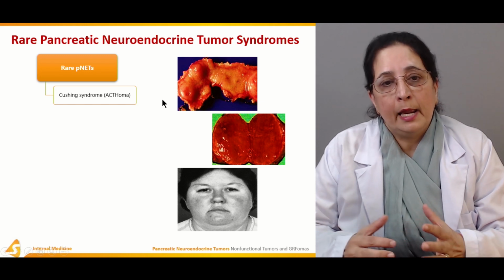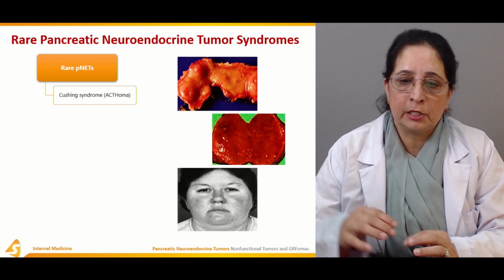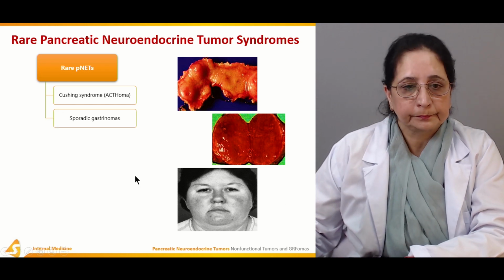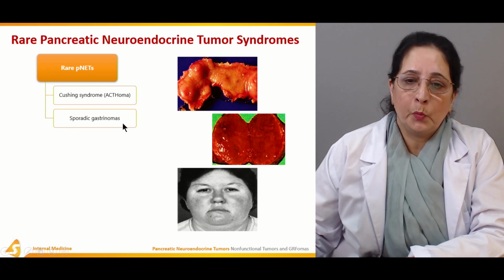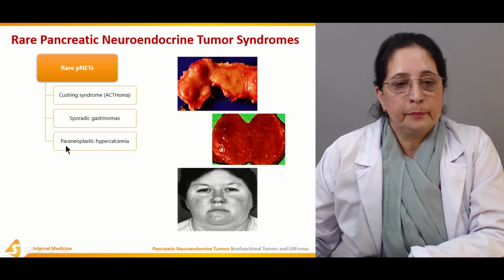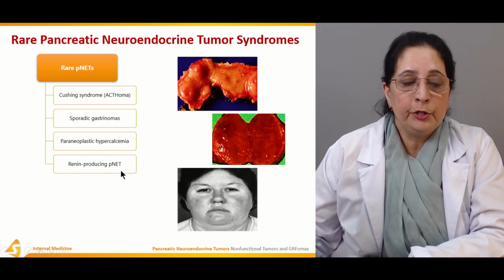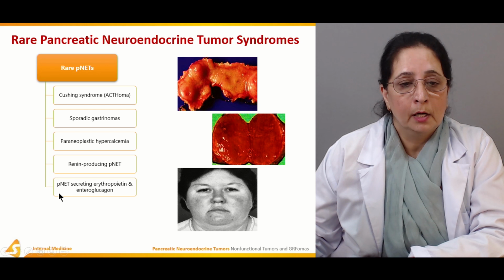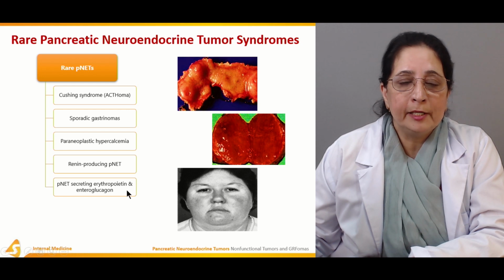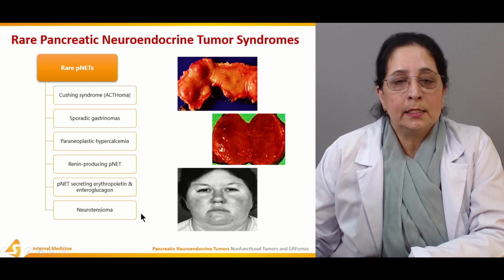adrenocorticotropic hormone, and an increase in the level of adrenocorticotropic hormone causes Cushing syndrome, with special features in the patient. Sporadic gastrinomas, we already talked about the gastrinomas. They can also cause paraneoplastic hypercalcemia, renin-producing neuroendocrine tumor, pancreatic neuroendocrine tumor secreting erythropoietin and enteroglucagon, and neurotensinomas.